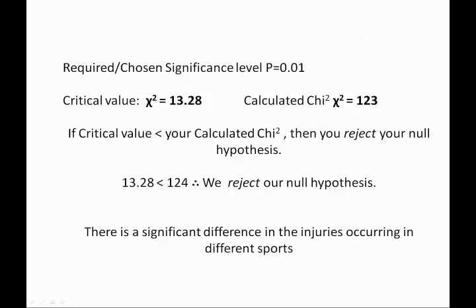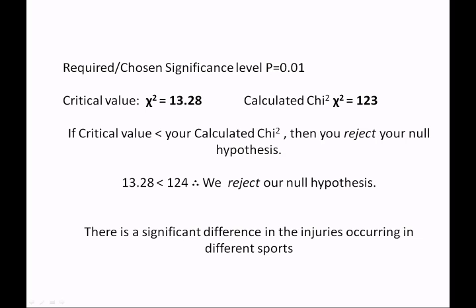So we've chosen a significance level of 0.01, the critical value is 13.3, and the calculated chi-squared is 123. The critical value is less than our calculated chi-squared, so we can reject the null hypothesis in this case. 13.28 is less than 123.